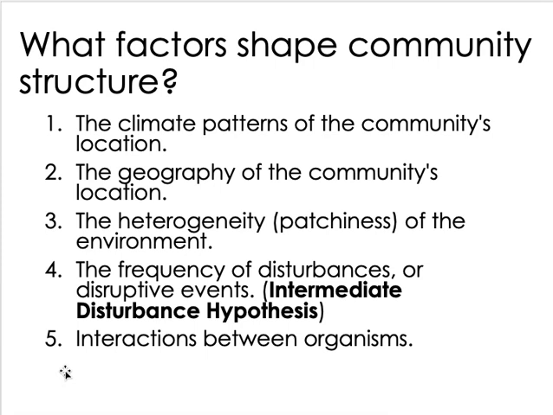That is the competitive exclusion principle in the same community. So a prey species may be unable to persist in a community that contains a highly effective predator. Okay, so a very high rate of predation.